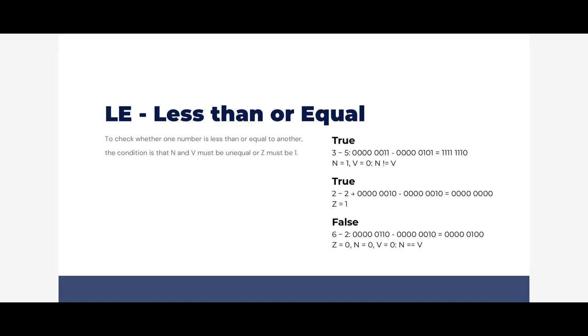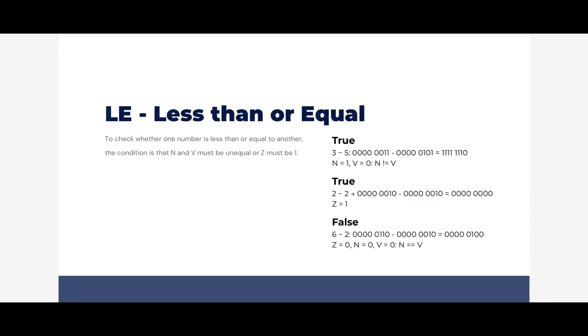We don't need to check both of them. If one case satisfies the condition, it's enough. In the examples I have given, I cover all cases, I mean the less than case, the equal case, and a general false case.